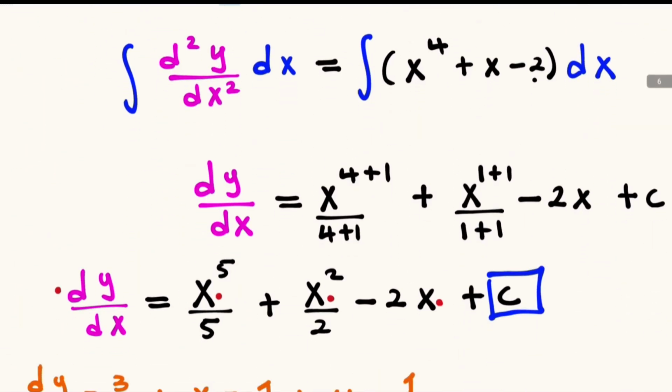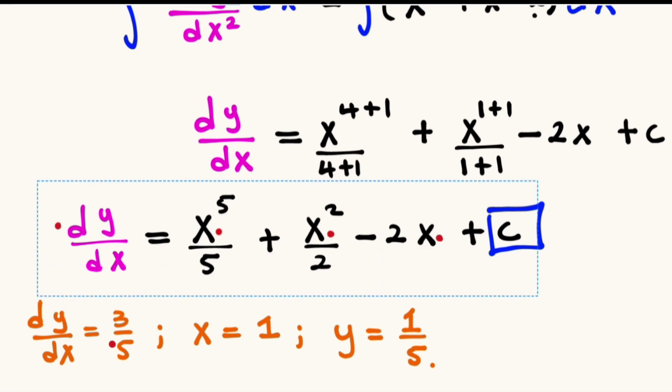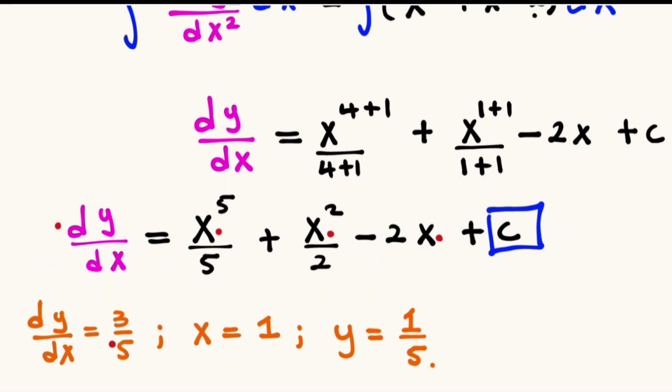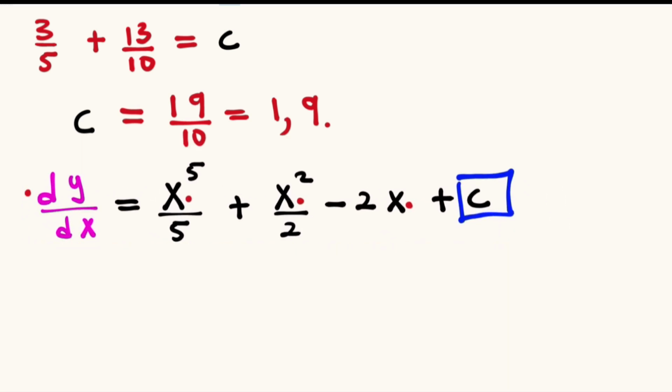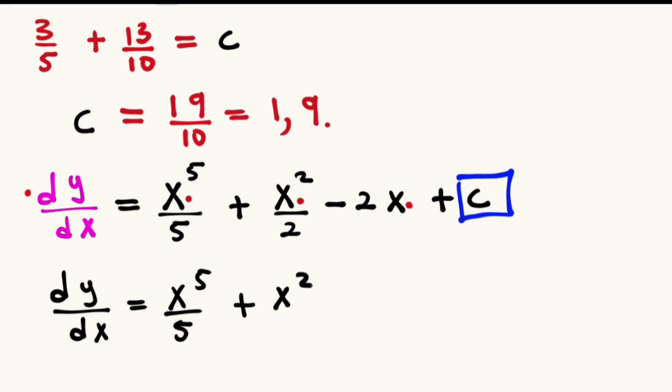So we substitute the 1.9 into that equation. So we copy and paste. So let's paste this. And our first derivative of y with respect to x will be equal to x to the power 5 divided by 5 plus x squared divided by 2 minus 2x, and the constant c we determined as positive 1.9.